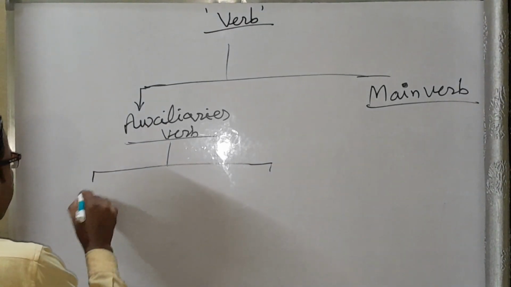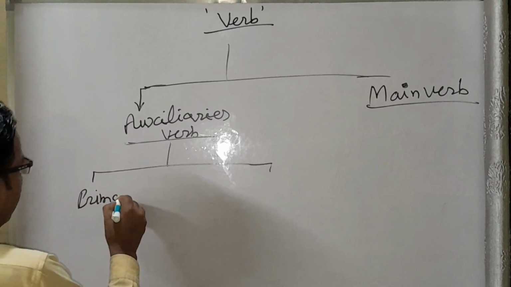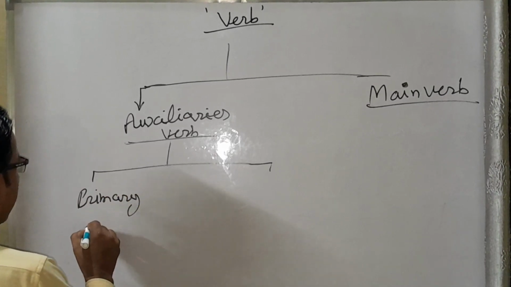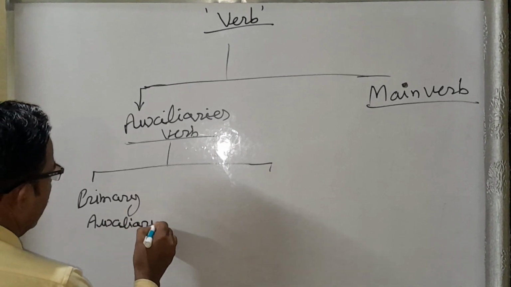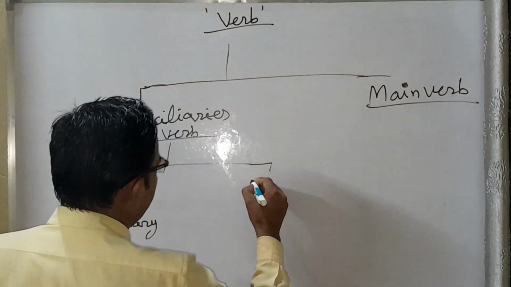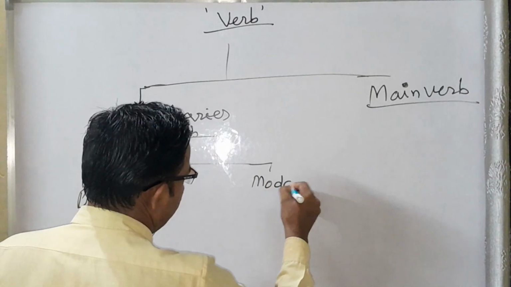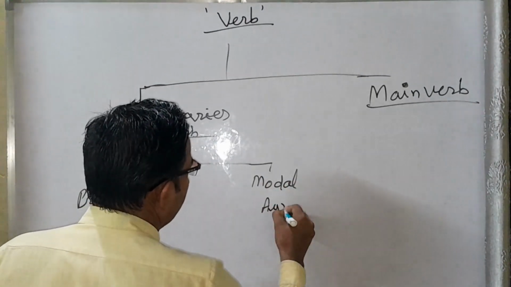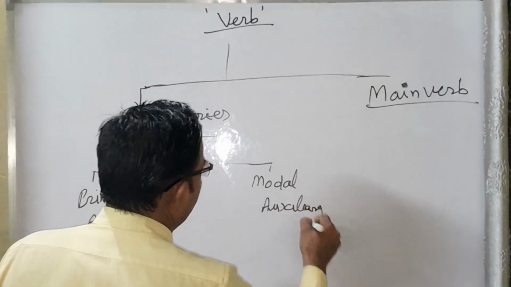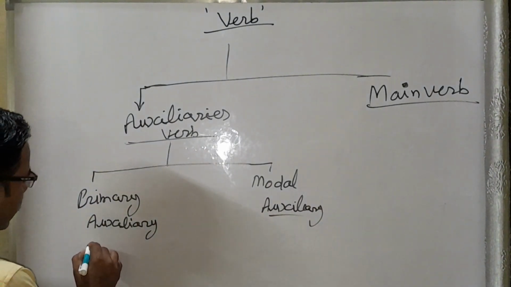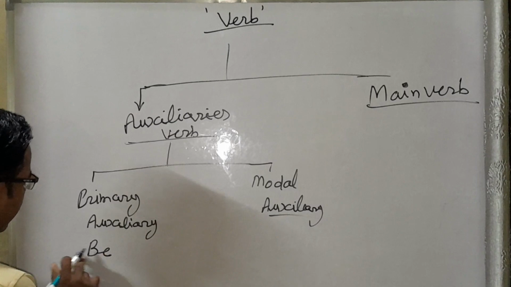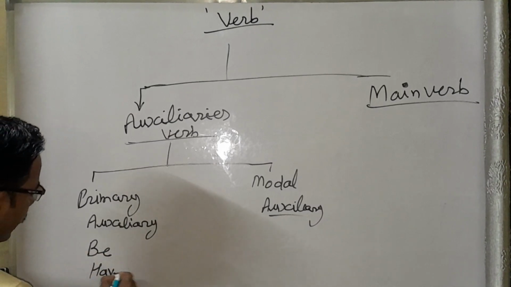Firstly, primary auxiliary, and secondly, modal auxiliary. Primary auxiliaries have only three types: be, have, do.